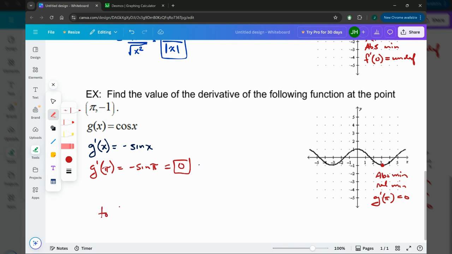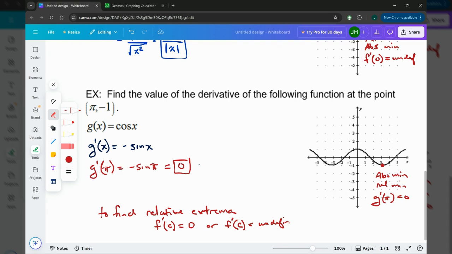So in order to find relative extrema, it looks to me like we've got one of two things happening. Either I've got the derivative at that particular value equaling 0, or I've got the derivative at that value being undefined.